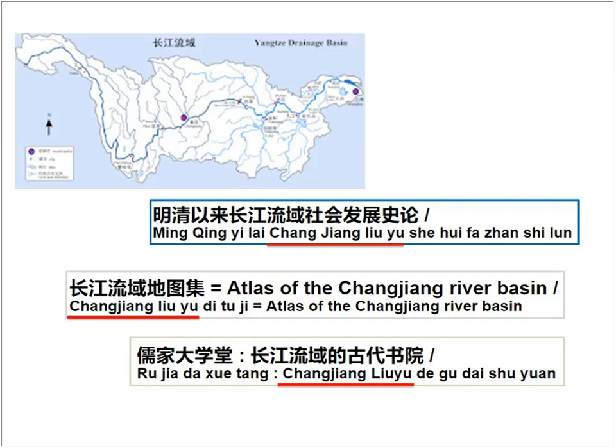The 4 characters shown in this picture are Changjiang Liuyu. The translation is here: Yangtze River drainage basin. This picture just shows the geographic area. The next 3 are titles I picked from OCLC, so they're real.